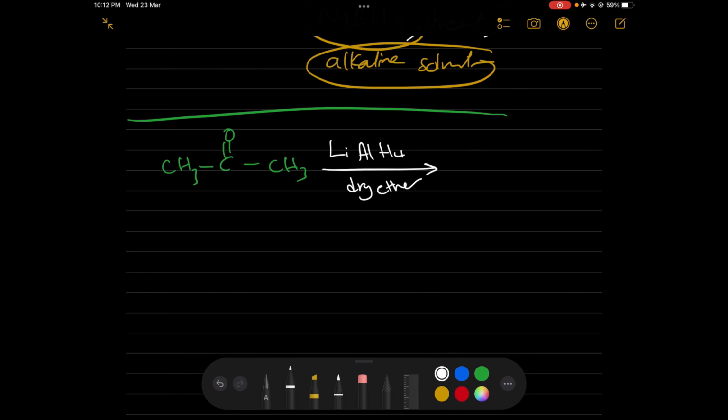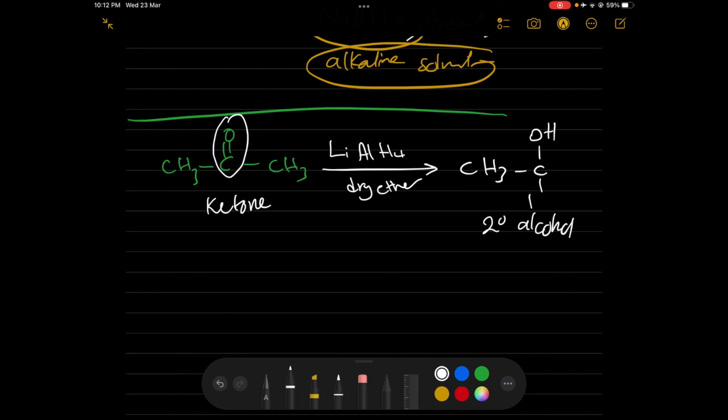You have to keep in mind that the ketone is reduced to a secondary alcohol. So as we can see, this group will change to CHOH. Then you have CH3, CHOH, and here you have CH3.